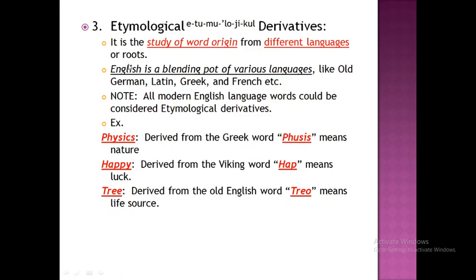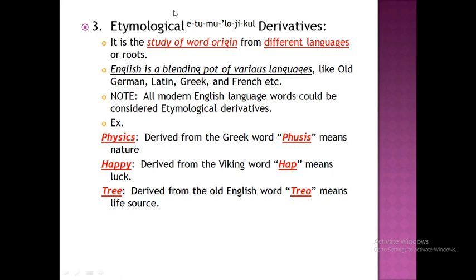So this kind of derivative is the study of word origin. Again, please look at the cursor where I am moving it. It is the study of word origin from different languages or roots. Actually, English is a melting pot of various languages, where we find words from Old German, from Latin, from Greek, from French, and from a lot of other languages.